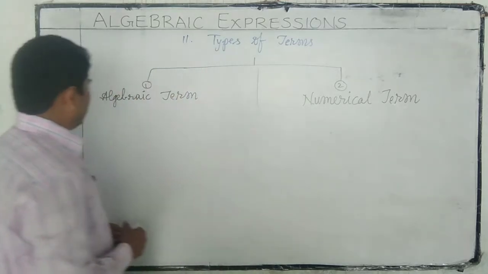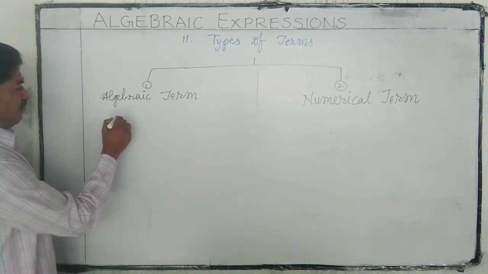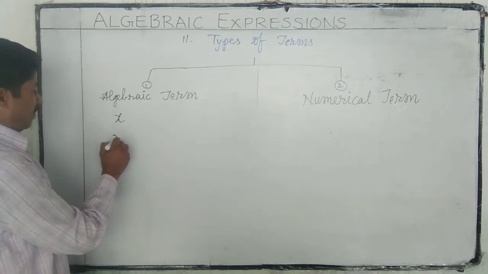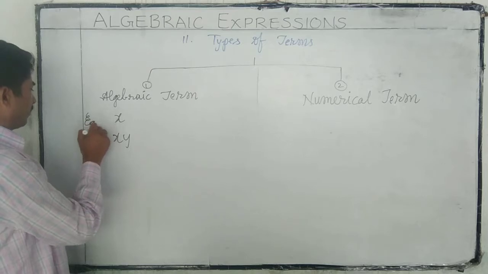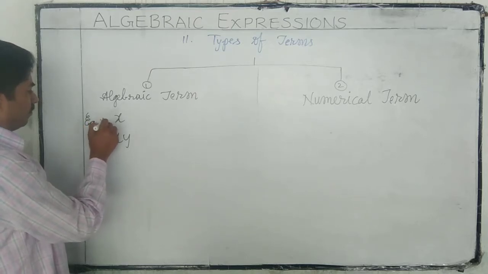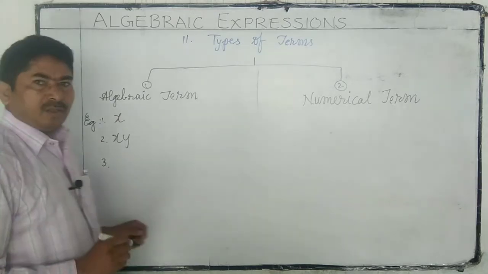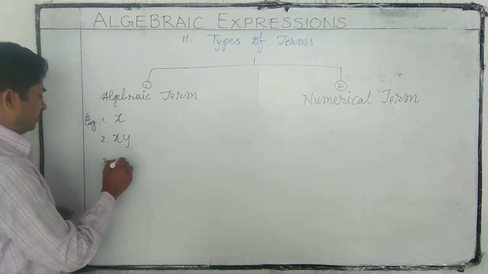Let us see a few examples. Algebraic terms. Only one variable, or product of variables. Product of variables or the product of a constant and variables.